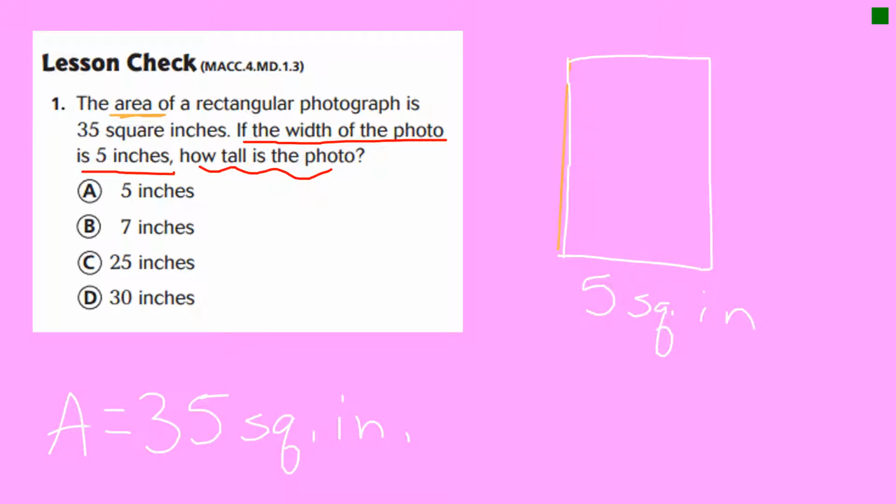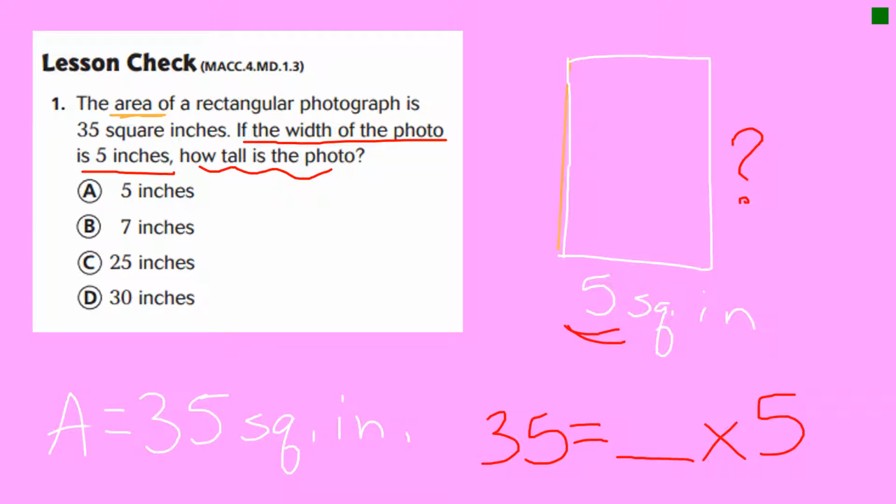Do you remember the formula for area? Area equals length times width. So the question is, here's the unknown measure. So area, which is 35, equals blank times the width.